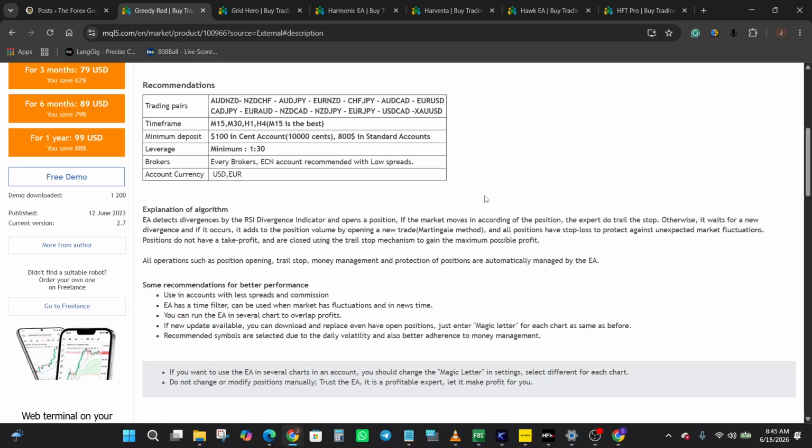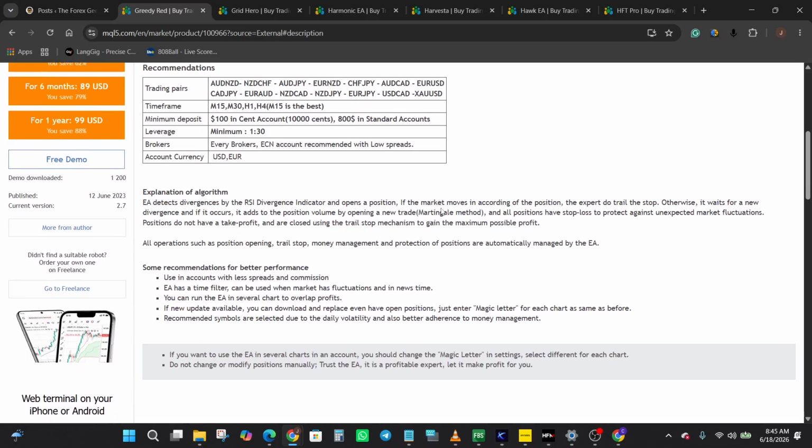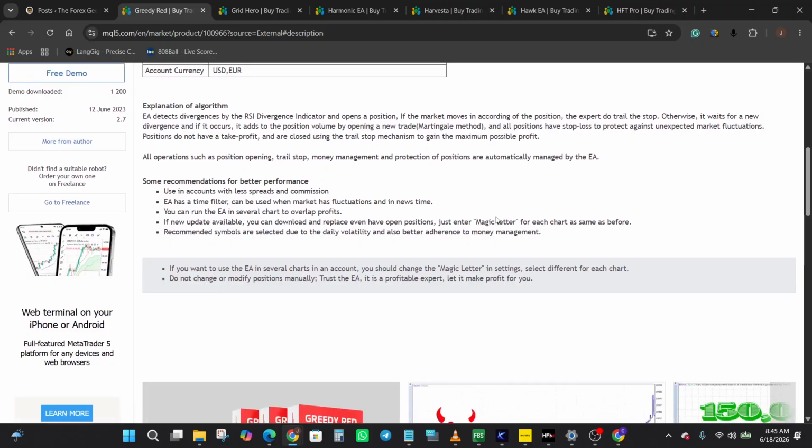If the market moves against the position and a new divergence signal appears, the system may open an additional trade using a martingale approach. Now, the developer also states that all positions include stop loss protection, while profits are managed through the trailing stop system rather than fixed take profit targets.